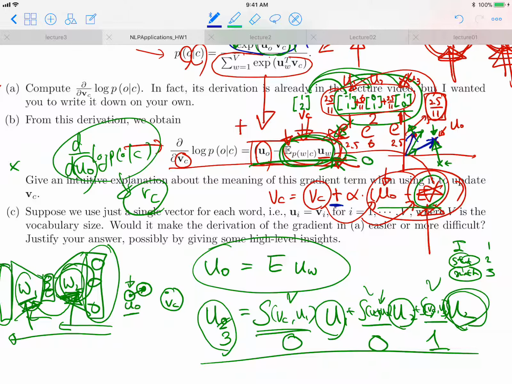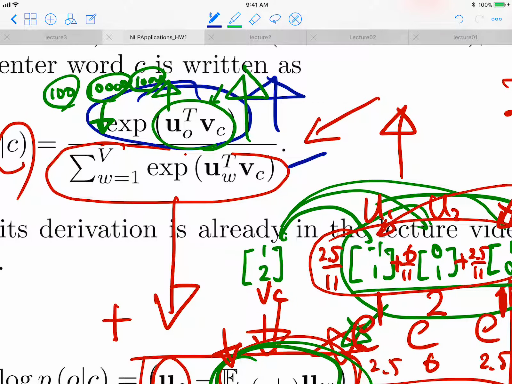The main difference comes from here. We are doing the inner product of the center word with all the context word vectors, right?